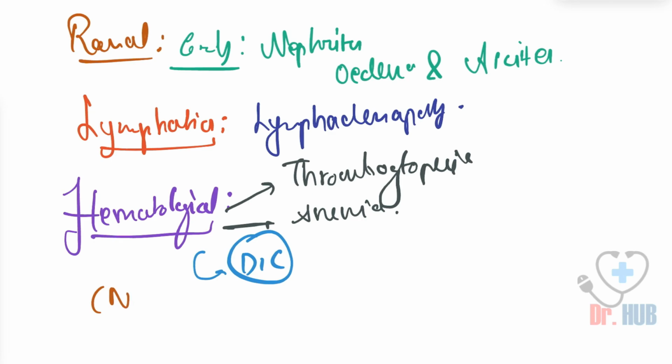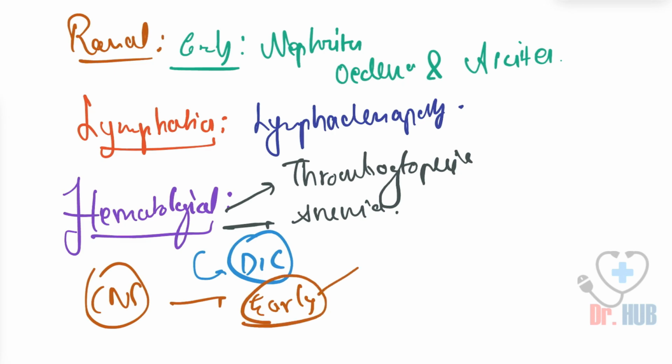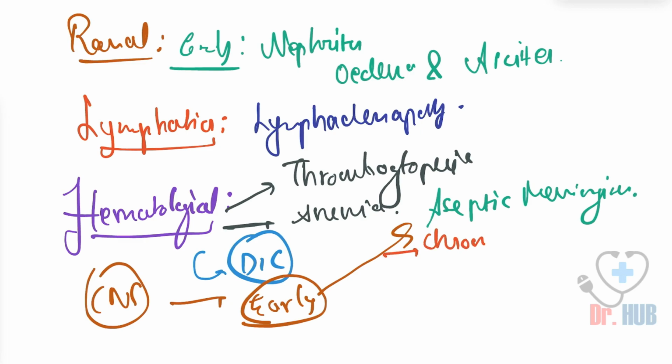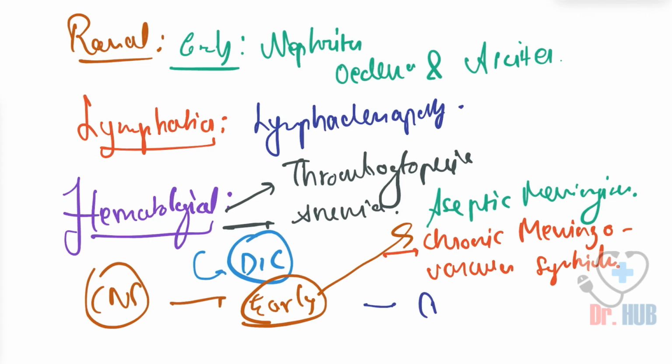Now we look at the CNS. Under CNS, we look at early. Under early, there is aseptic meningitis. Next comes chronic meningovascular syphilis. Next, there are also cranial nerve palsies. And lastly, there can also be hydrocephalus.